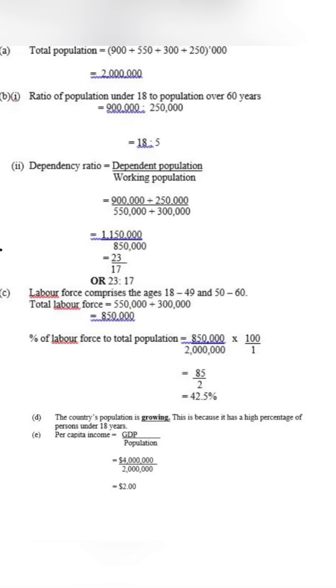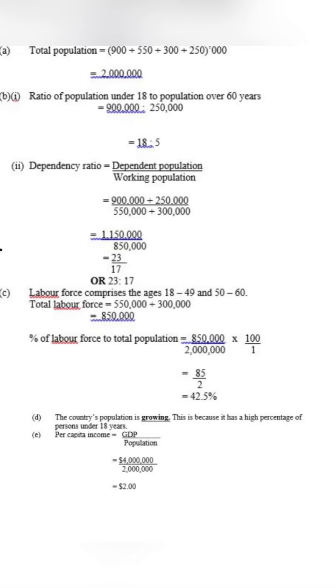And then 50 to 60, we had 300,000 people. And then 60 years and above, we have 250,000. So when you sum all these together, you are going to get 2 million people. And this is the total population. I hope you get it.